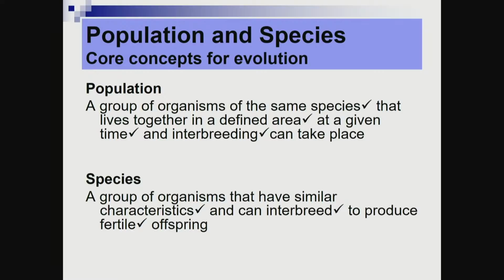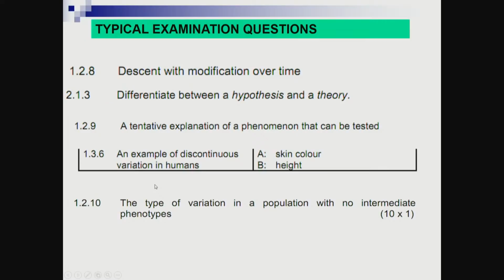We're talking about interbreed and producing fertile offspring. So why are they not a species? Because they can interbreed and produce infertile offspring, then they are not a species. So a very, very important concept in evolution: species and populations. Please emphasize that one. So typical exam questions. Descent with modification over time is evolution.